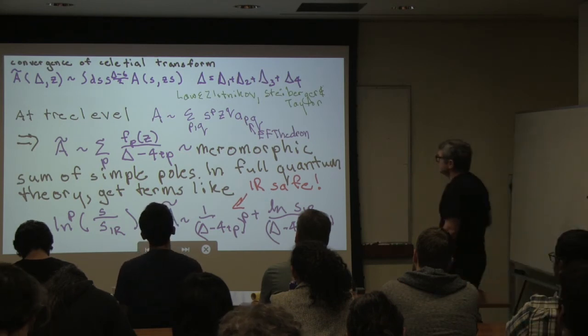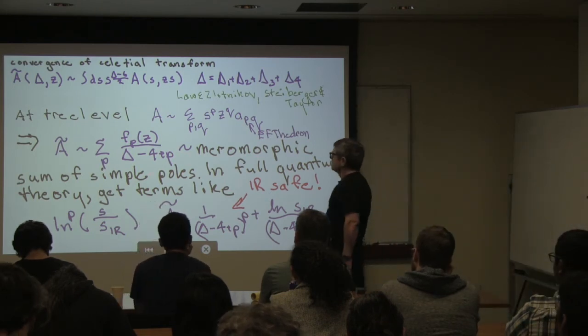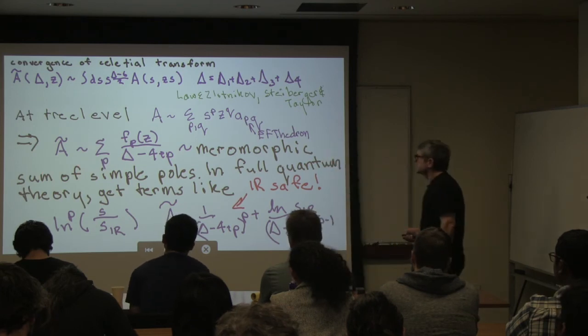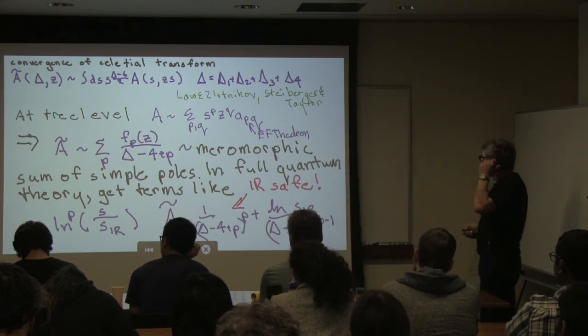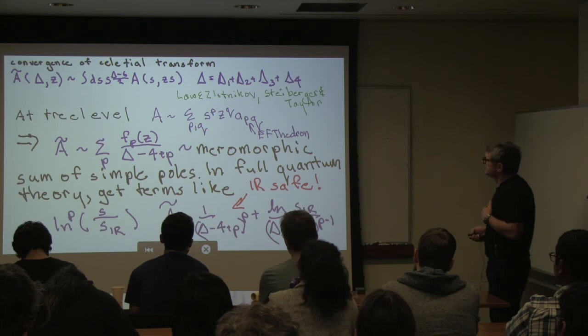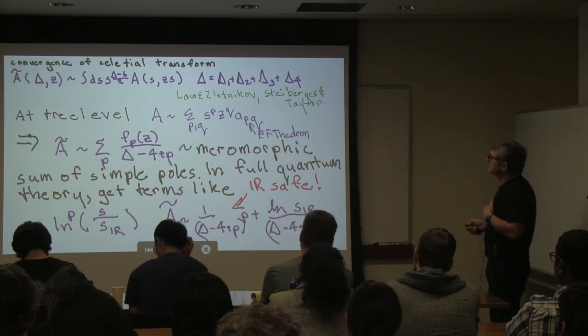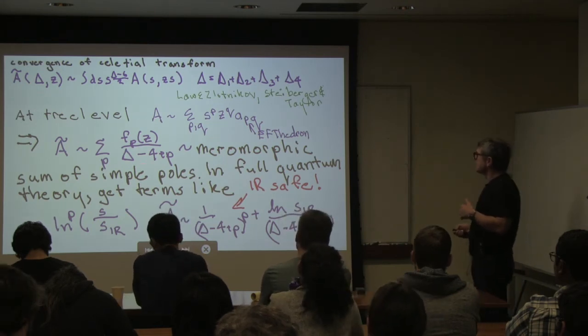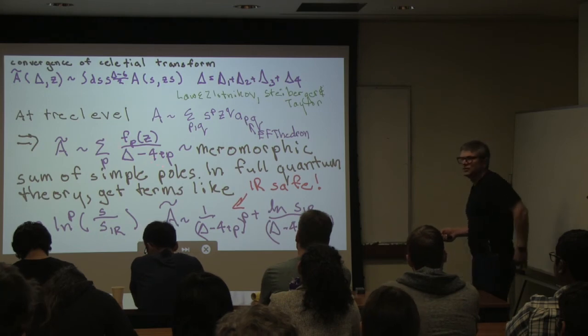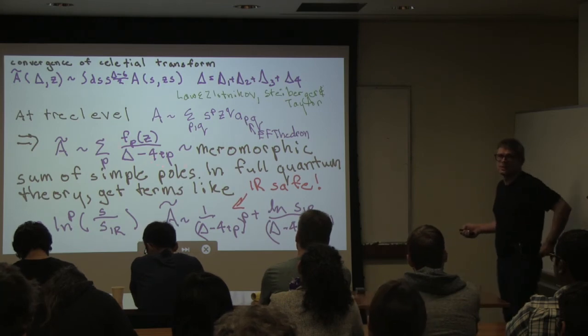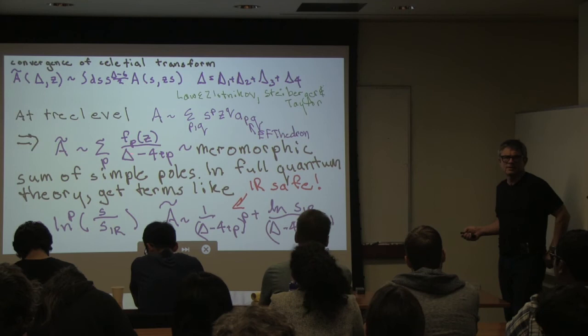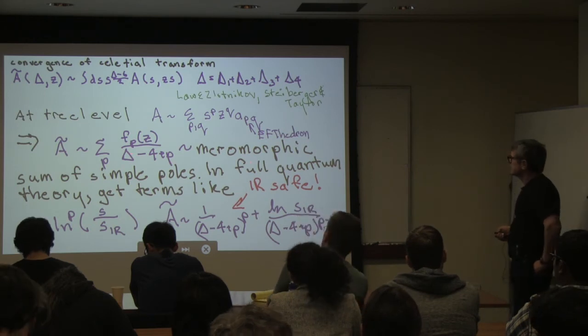So the structure we expect at tree level is that these celestial amplitudes are meromorphic, and the only place where you can get poles is along the real negative axis.